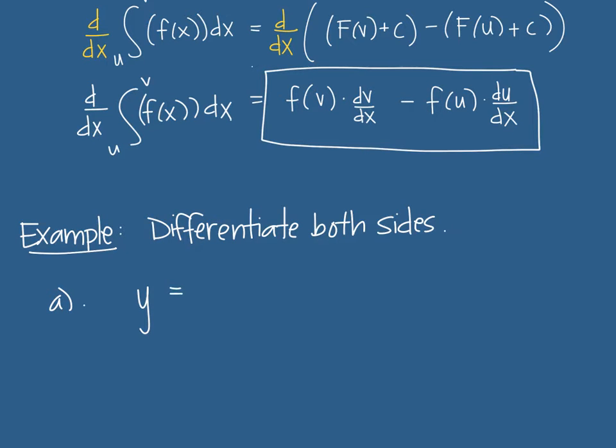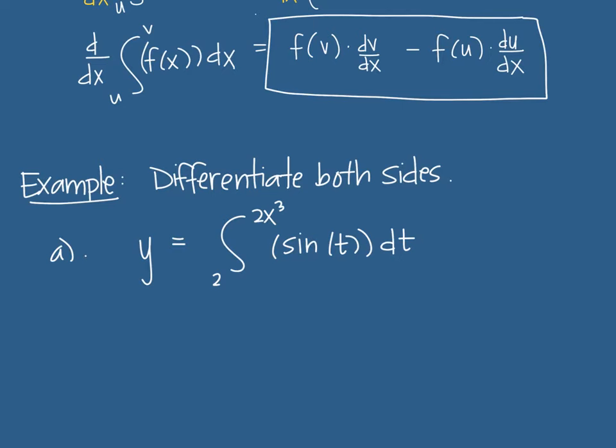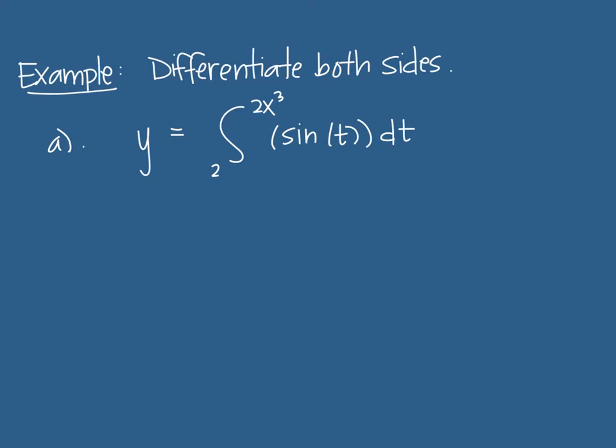Y equals the integral where the lower bound is 2 but the upper bound is 2x cubed. So it's a variable. The function is the sine of t dt. All right, we would like to differentiate both sides.